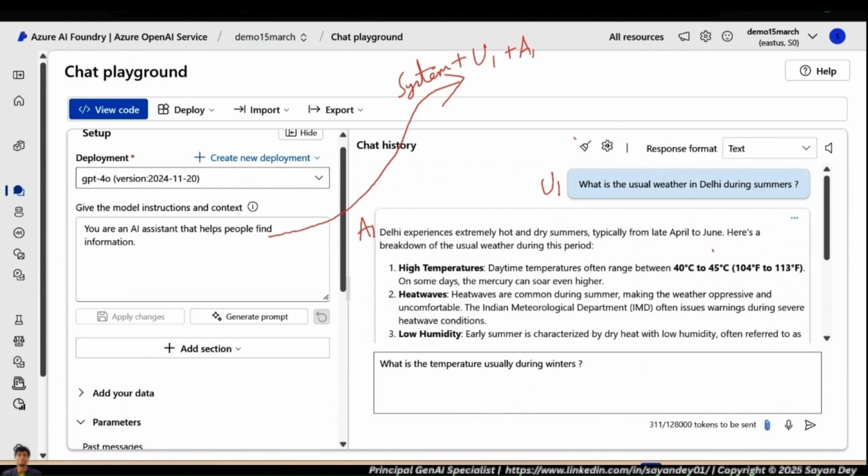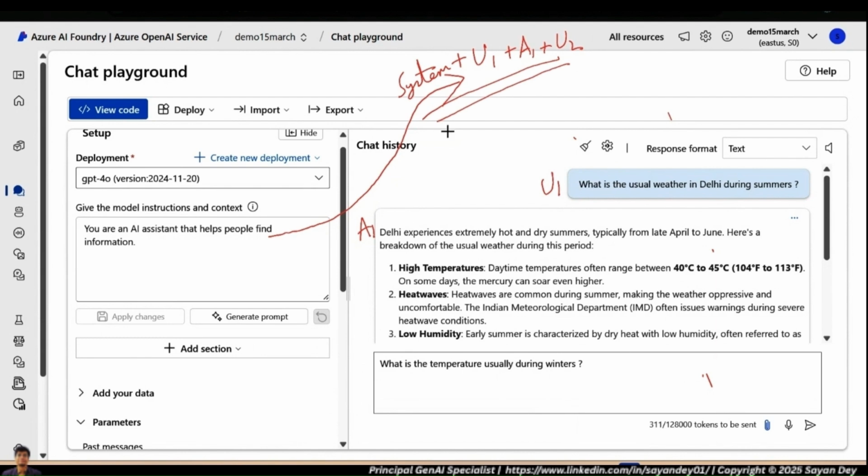So we are combining the system message with the first user input, with the first assistant response, and then we are adding the second user input. The second user input is basically this, the one you can see on the screen. This entire thing is what is part of my prompt.